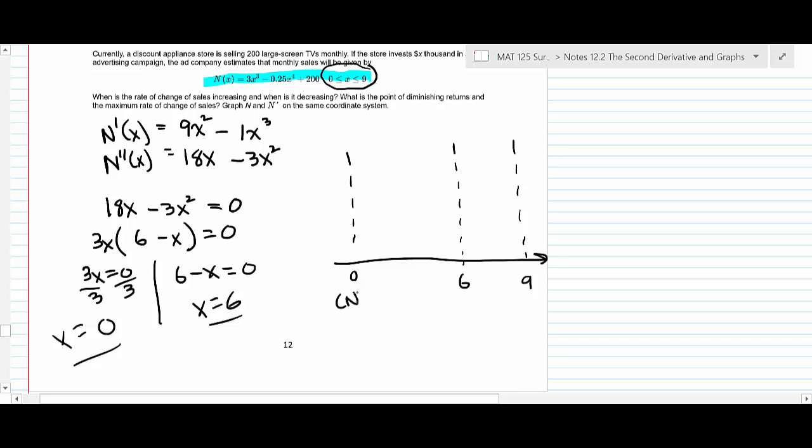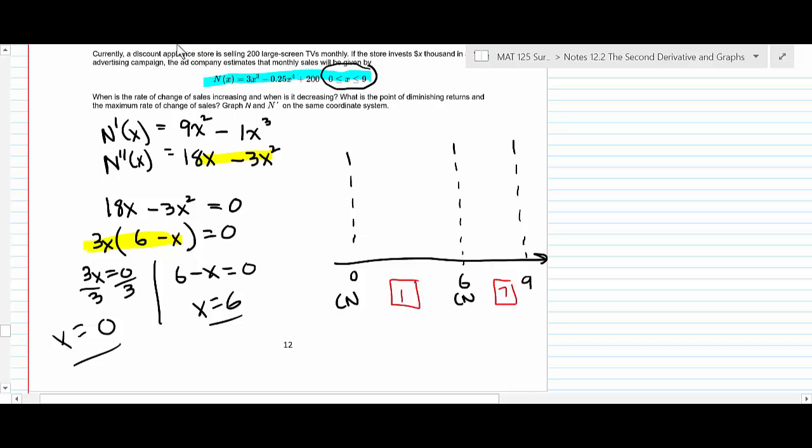That's a critical number, and that's a critical number right there. Then if you did test points, let's do 1 and let's do 7. You can plug in either here, or you can plug into the factor. I always think it's easier to plug into the factor.